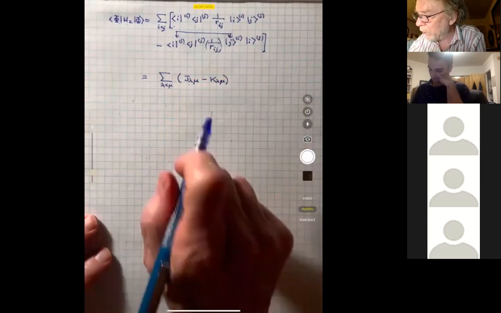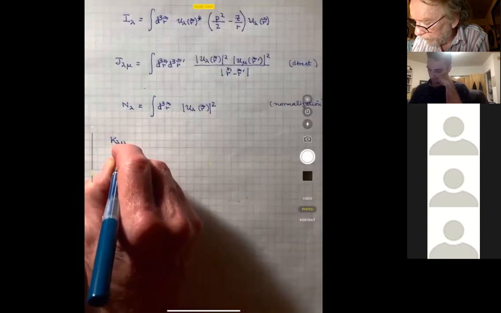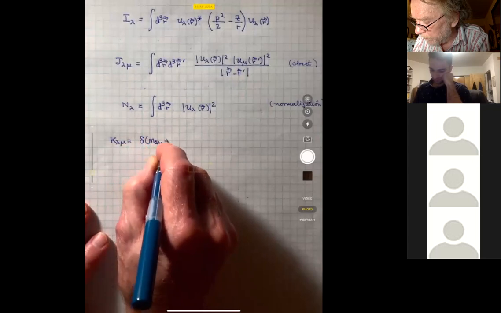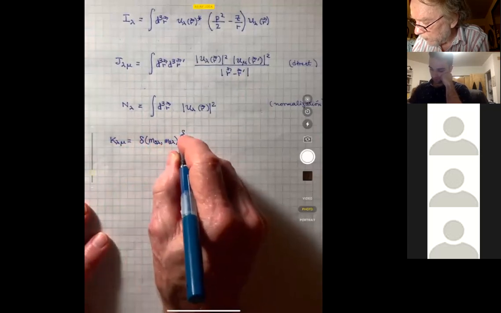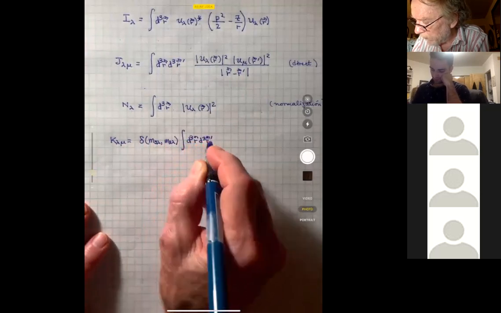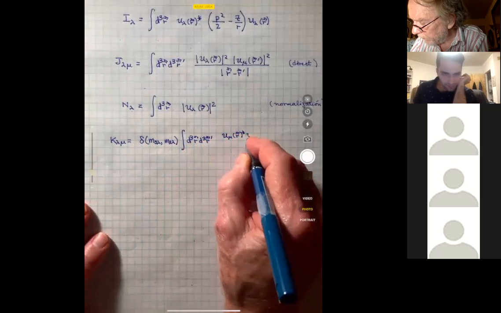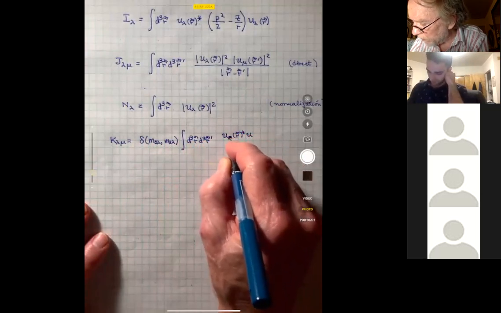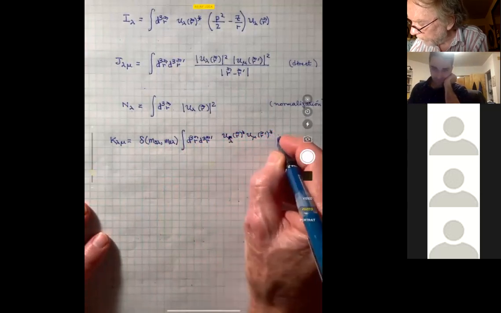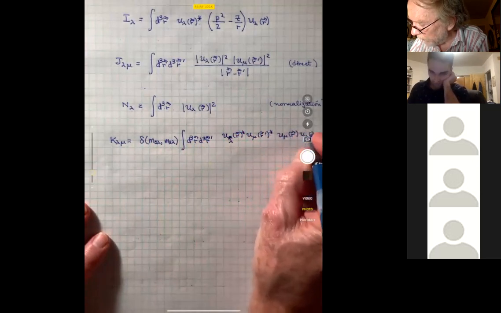in which K lambda mu, I will write it out down here on our integral page, is equal to, first of all, a Kronecker delta in the magnetic quantum numbers, ms lambda, ms mu, times an integral d cubed r prime. And we've got u sub lambda of r complex conjugated, let's make the first one lambda, u sub mu of r prime complex conjugated, u sub mu of r, u sub lambda of r prime.